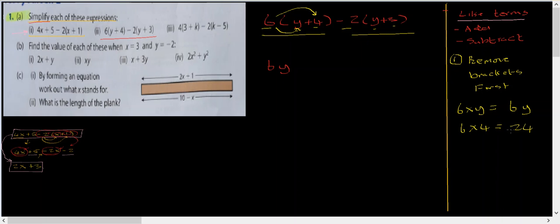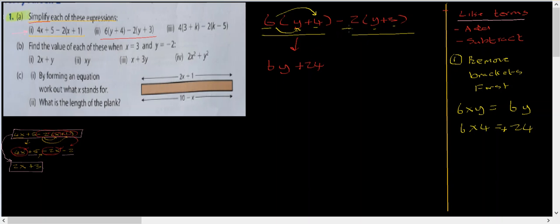So it's equal to 24, and it's plus 24. Remember, like signs give plus, unlike signs give minus when you're multiplying integers by each other. So that's going to be plus 24. So what we've done essentially is we've removed the bracket here, and we've multiplied them out, and we've put down what we've got down here.